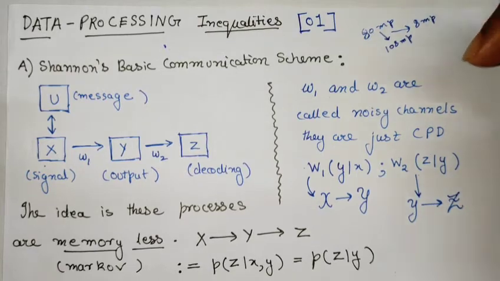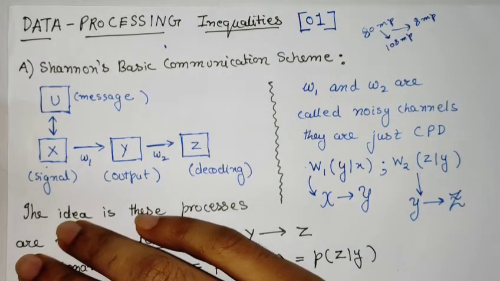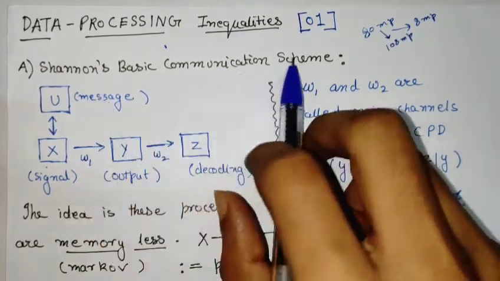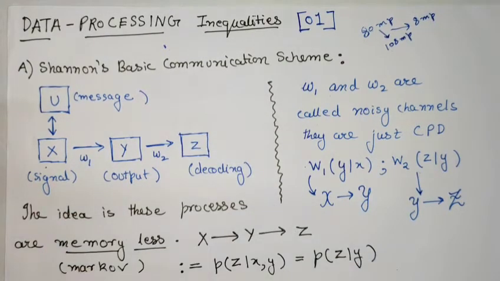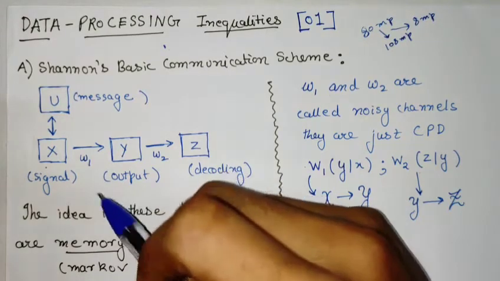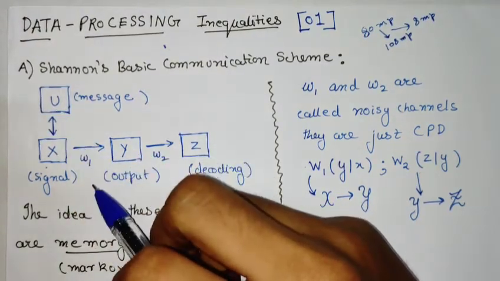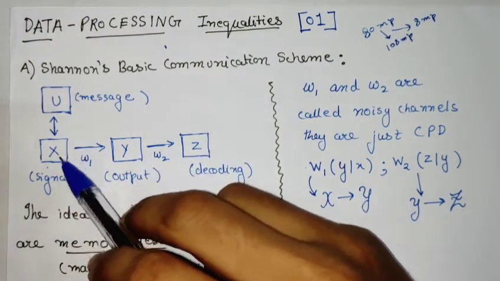More precisely, this is based on Shannon's communication scheme. In this particular scheme we have some sort of message, and then we encode this message in a signal.